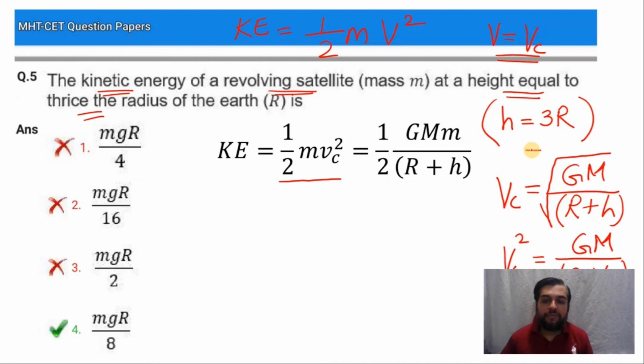Now this value I will substitute in place of vc square, and let me rearrange it. So it becomes half capital GM into small m upon r plus h. Now, this is the answer of kinetic energy.